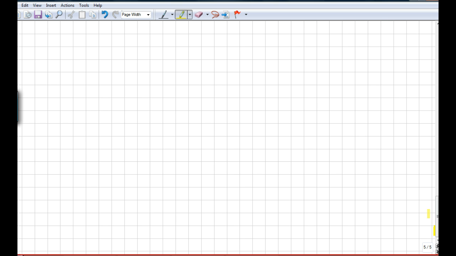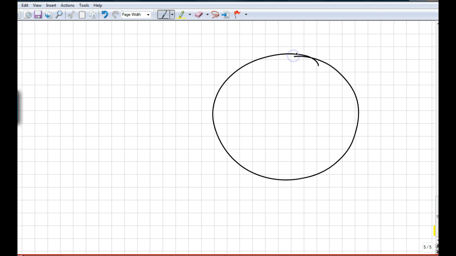Okay. So if I have this circle, circle Q, and I have chord PR, and I know that this is perpendicular to PR, and this is 17.